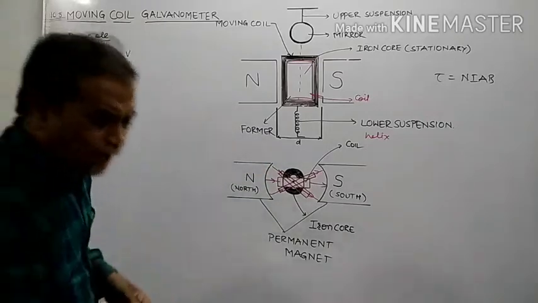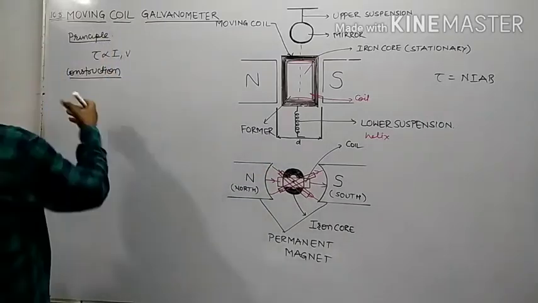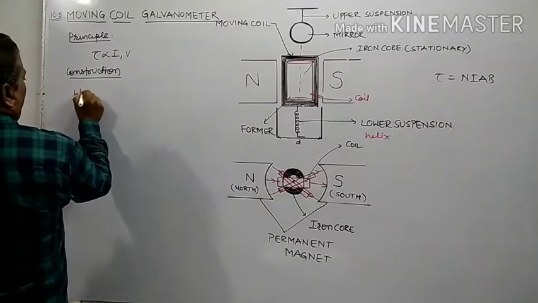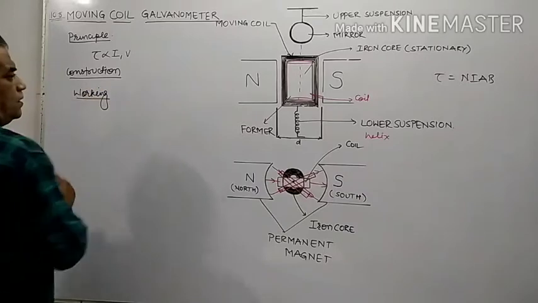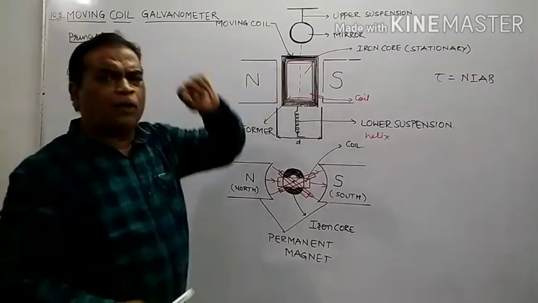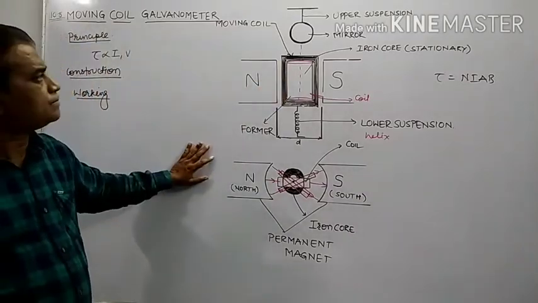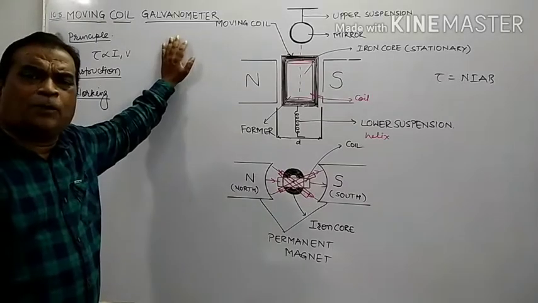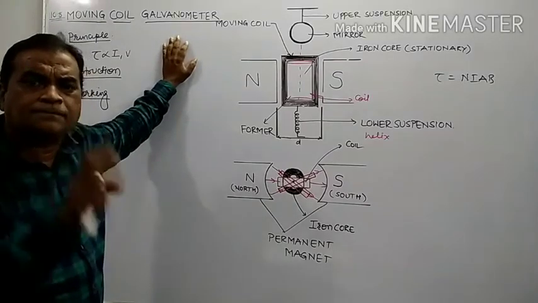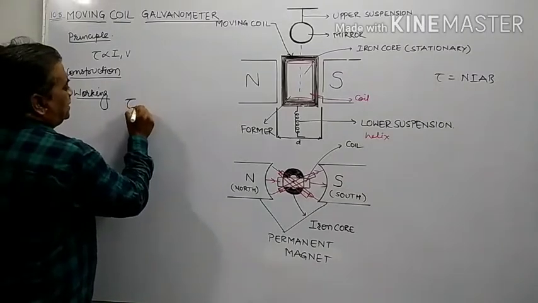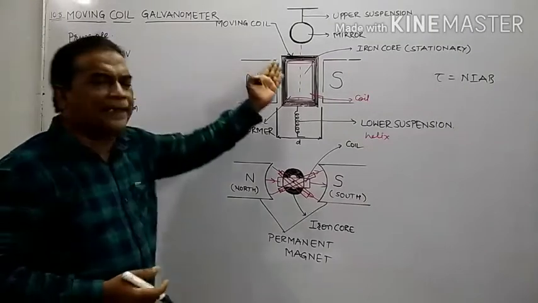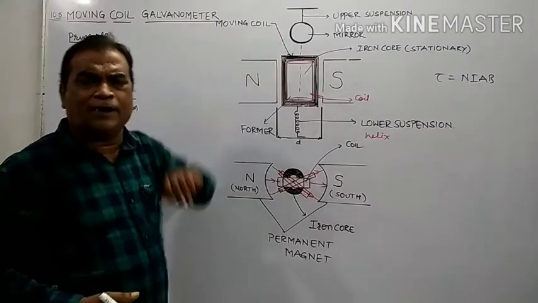Now, as far as this coil is concerned, in the working you have to write only 2 points and derive the formula. Now, the coil of MCG is acted upon by 2 torques. One of the torques is the torque exerted by a magnetic field on a coil.